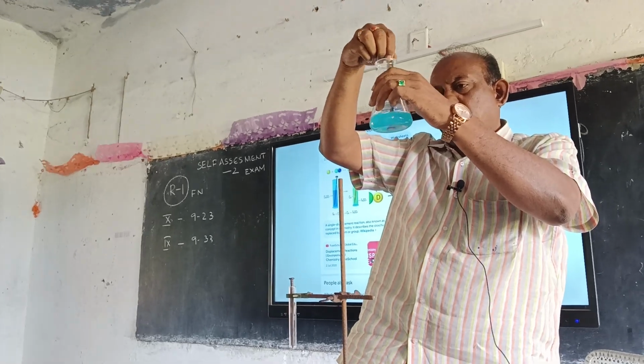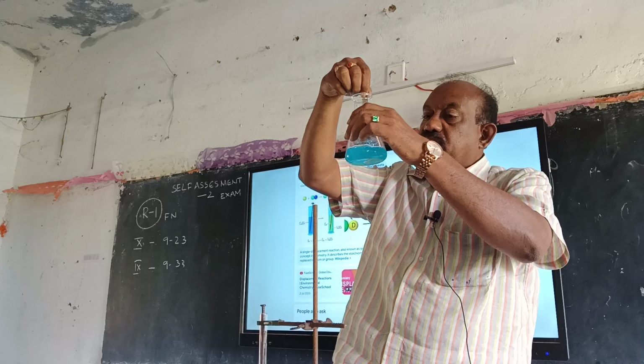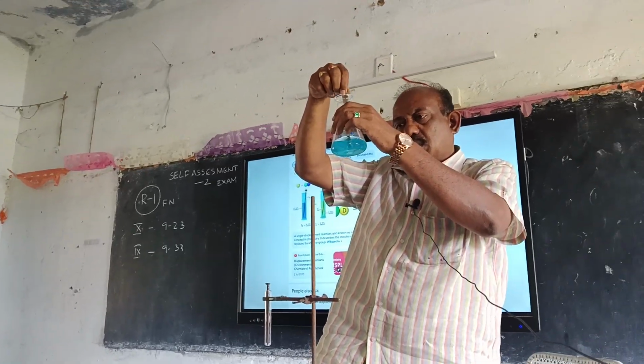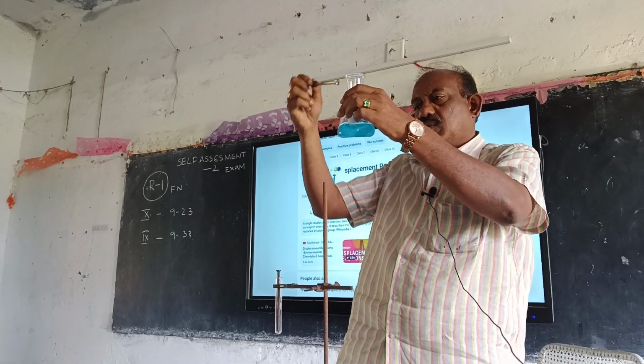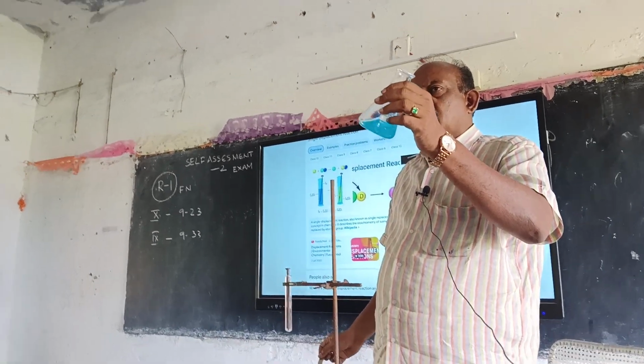Now we make the copper sulfate solution. Here the solute is copper sulfate and the solvent is water. So solute plus solvent gives rise to solution.